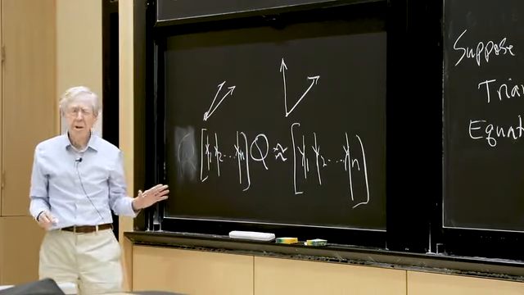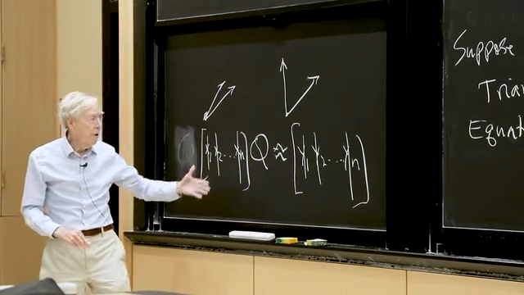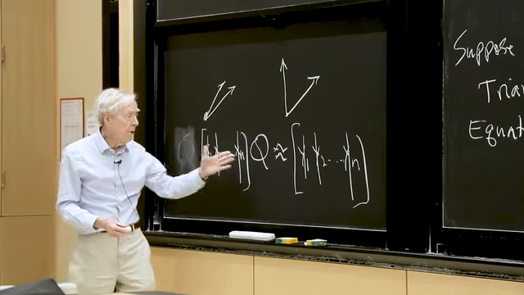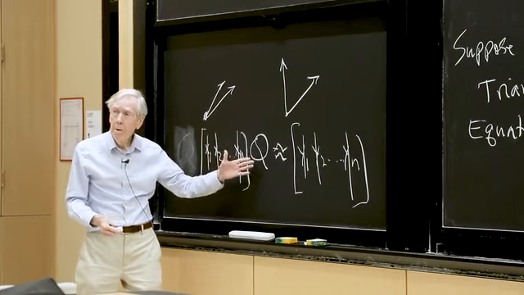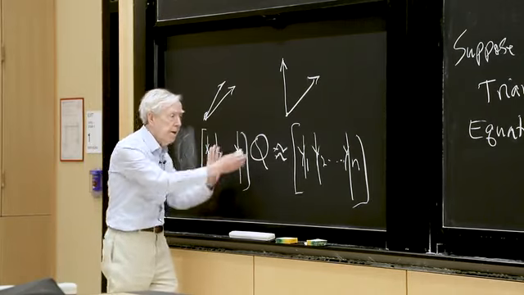So let me just say it again. I have two sets of vectors, and they're different, like those two sets. And I'm looking for the orthogonal matrix that, as well as possible, takes this set into this one.